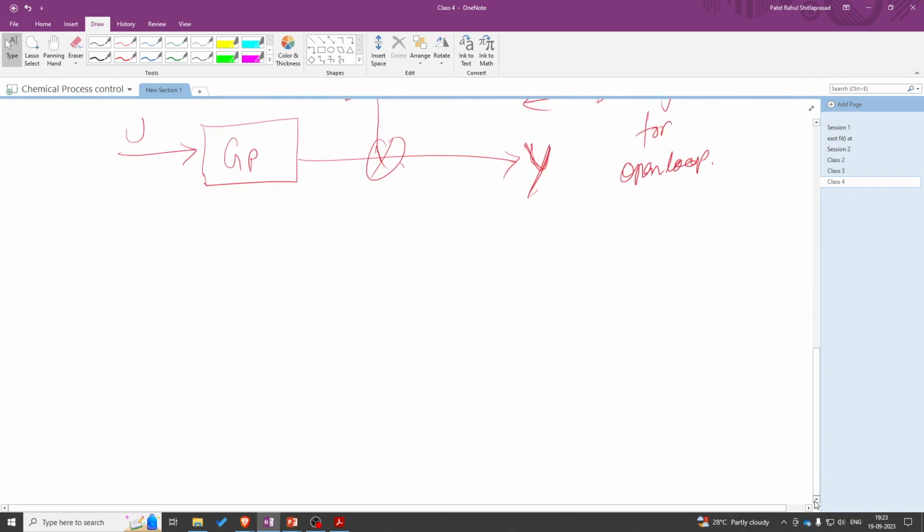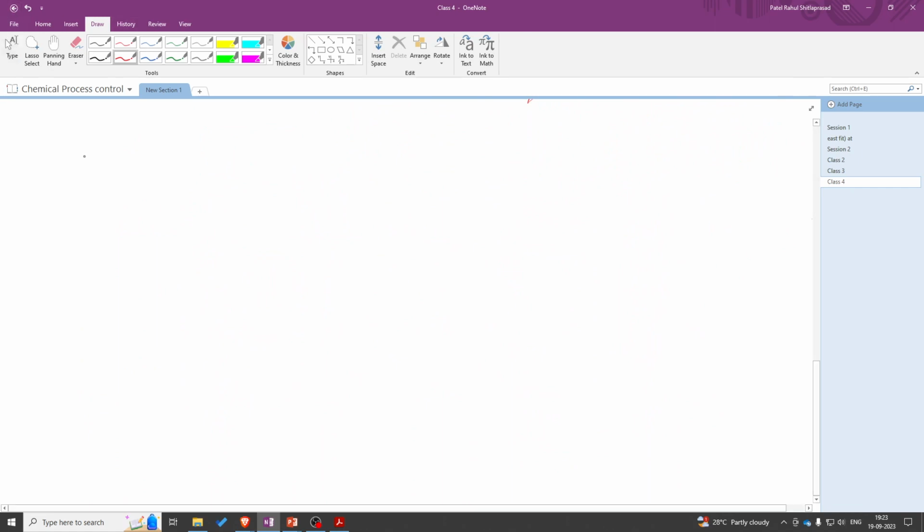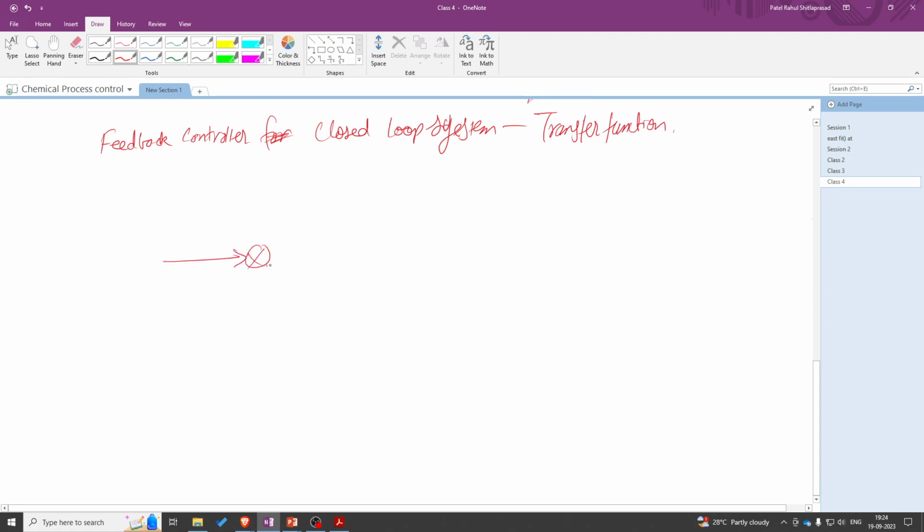So let's redraw the closed loop system transfer function. I'm just redrawing everything again.